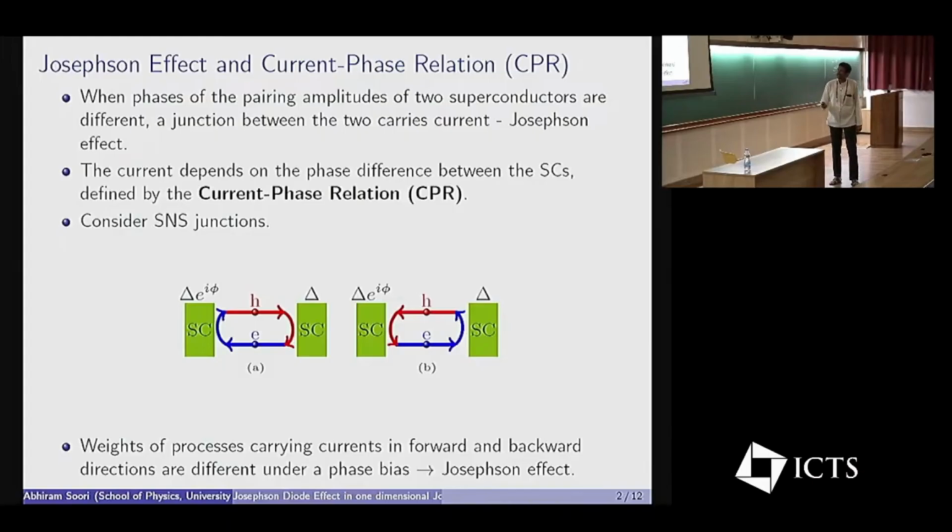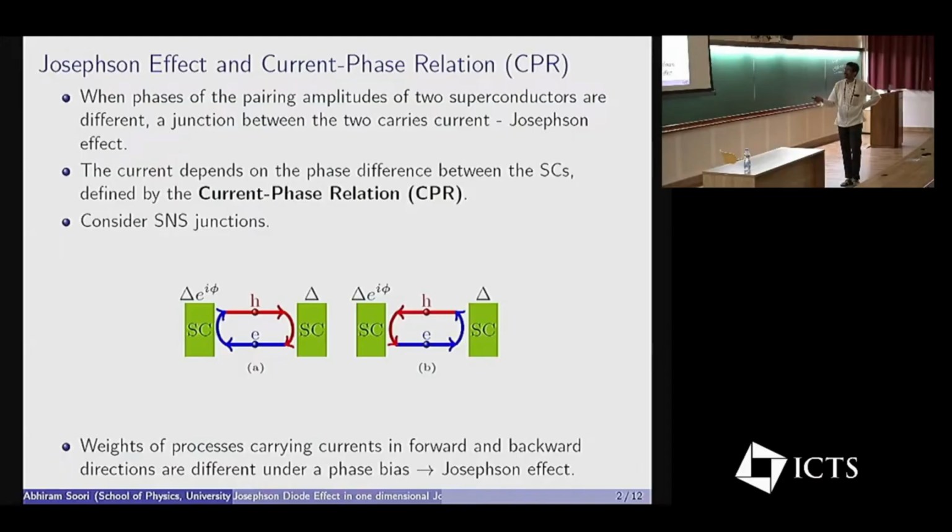And to get an insight into how this Josephson diode effect takes place, let us consider a superconductor-normal metal-superconductor junction. In the normal metal Hamiltonian, electrons and holes are good eigenstates of the normal metal Hamiltonian. So there are two sets of processes. One is where the electron moves left and the hole moves right. These two processes carry current in the backward direction.